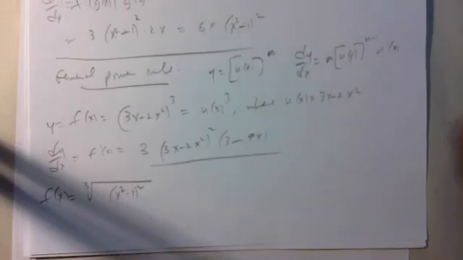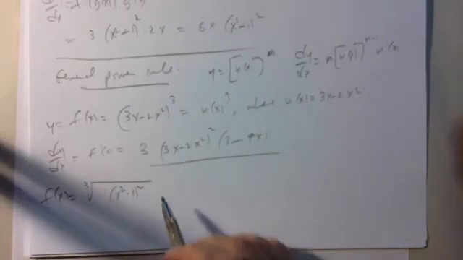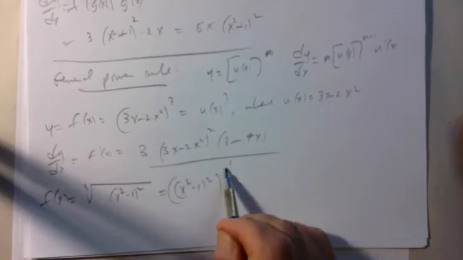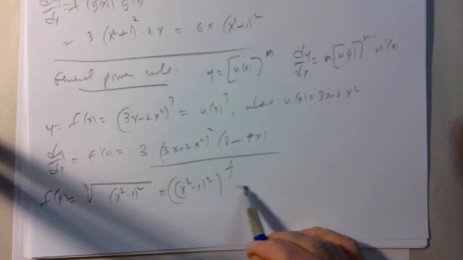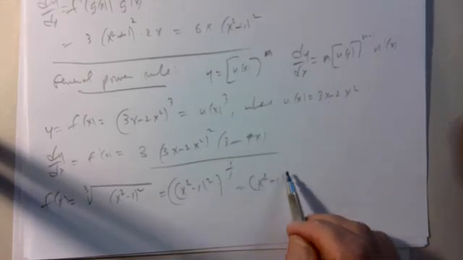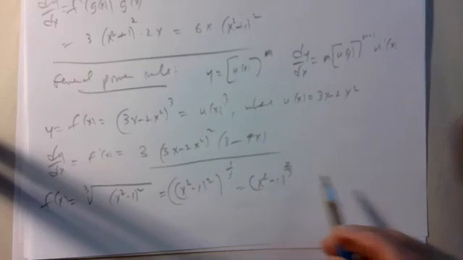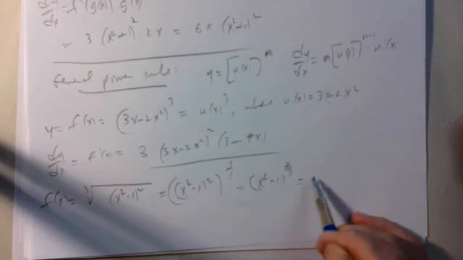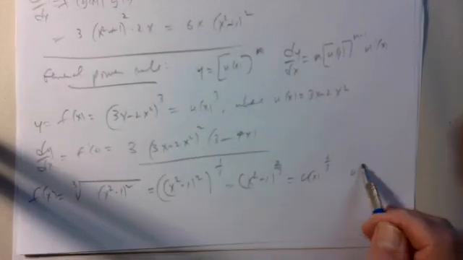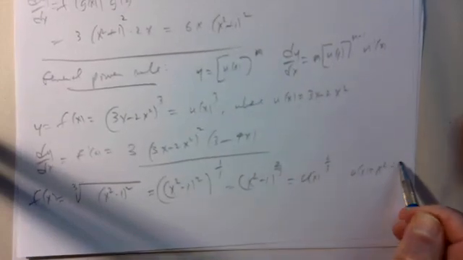So a cube root is raising whatever is inside to the 1/3 power. So this is x squared minus 1, squared, to the power 1/3, which is the same as x squared minus 1 to the power 2/3. So this is like u of x to the 2/3, where u of x is x squared minus 1.